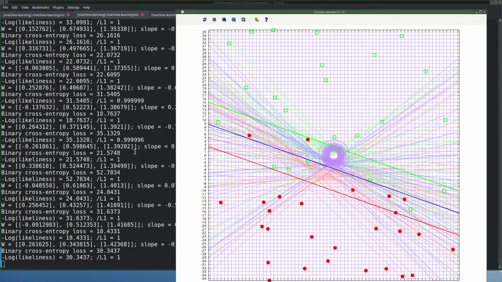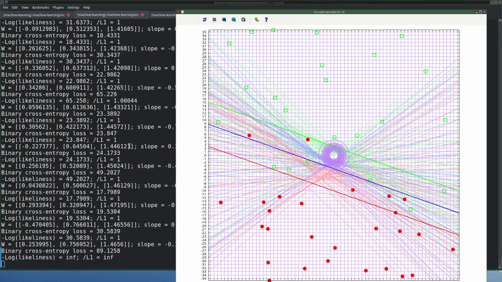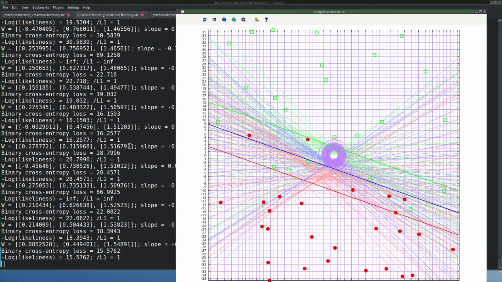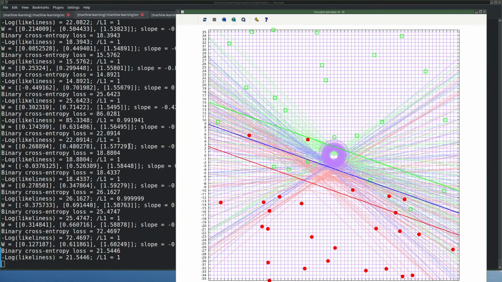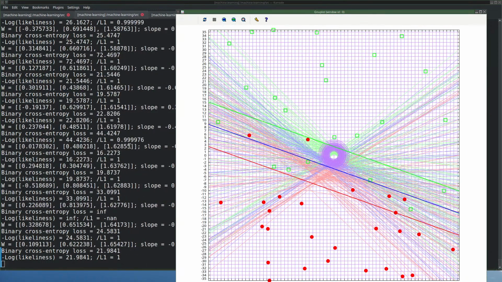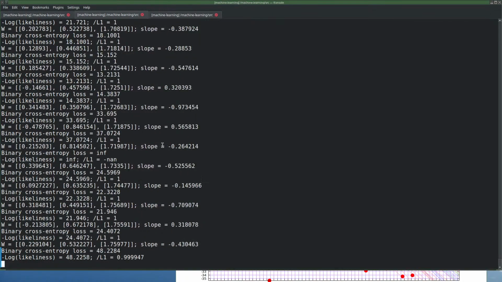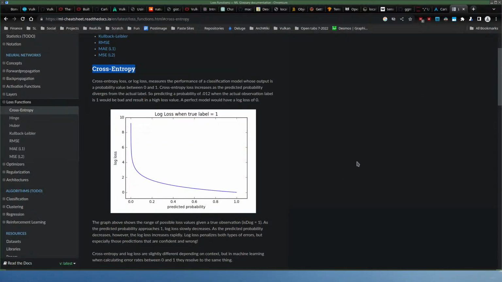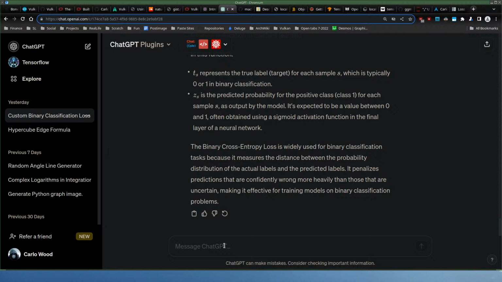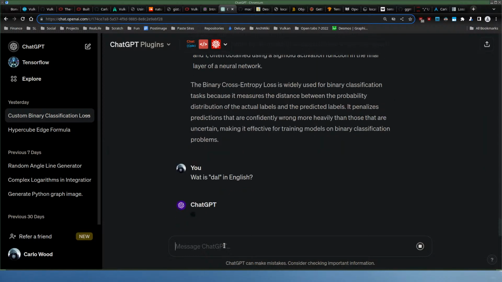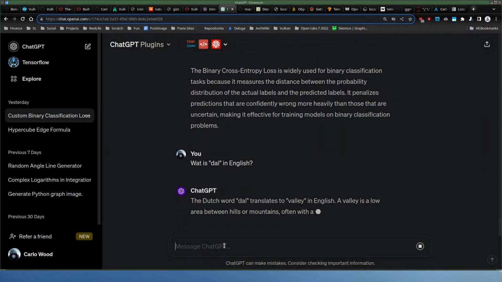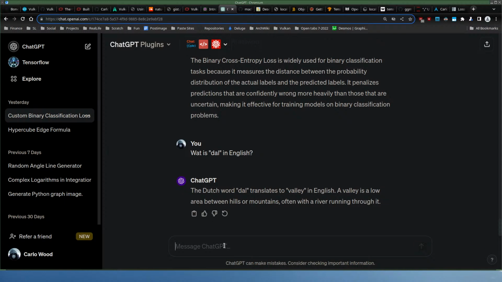So yeah, I would like to understand this, and by seeing how it jumps around in this loss function, how do you call that? A valley, yeah, of course.